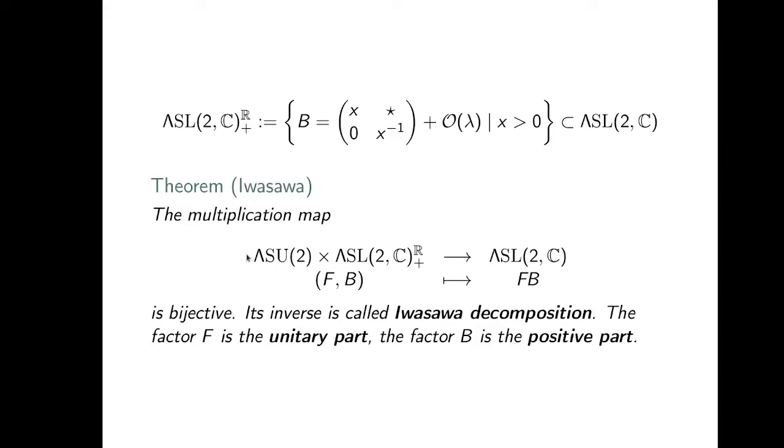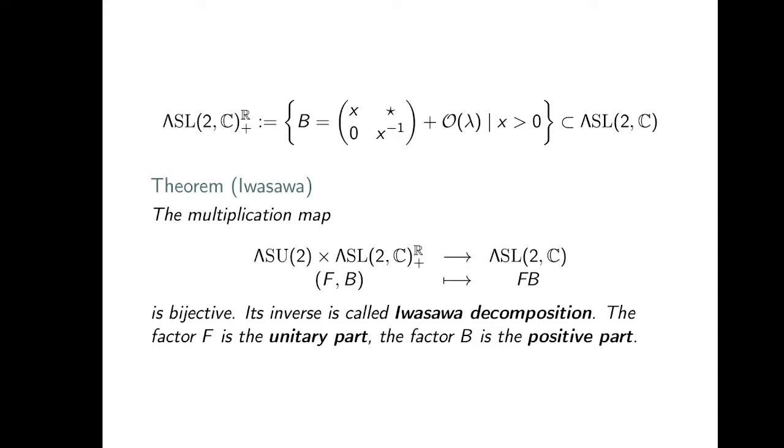Multiplication between an element in the loop group lambda SU2 and an element of the group defined above is actually reversible. Any loop in lambda SL2C can be decomposed into the product of a loop in lambda SU2 and a loop in lambda SL2C plus R defined above. This decomposition is called Iwasawa decomposition. The first factor will be called the unitary part and the second factor will be called the positive part.